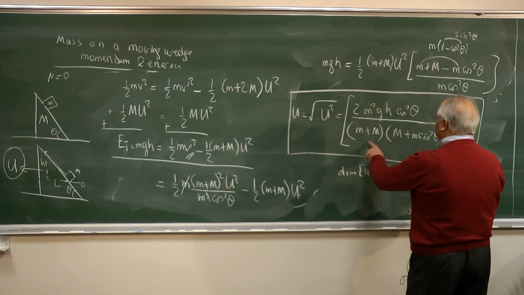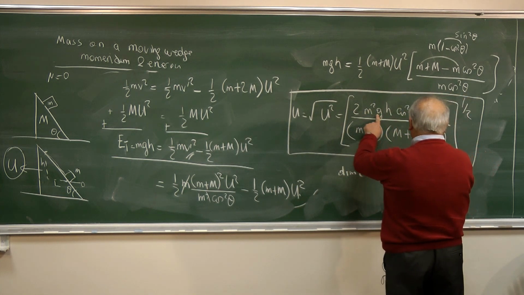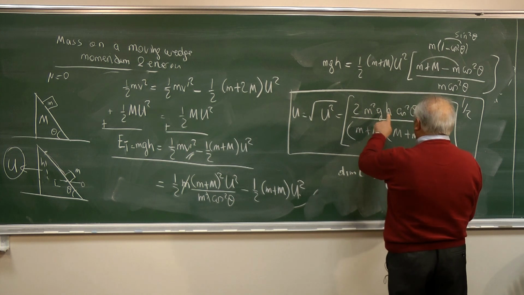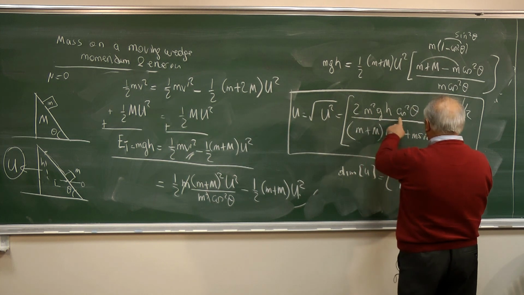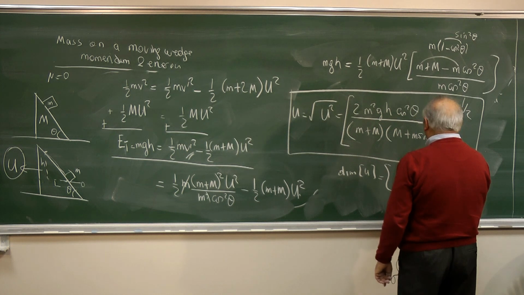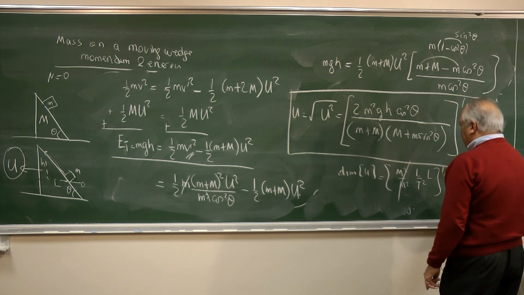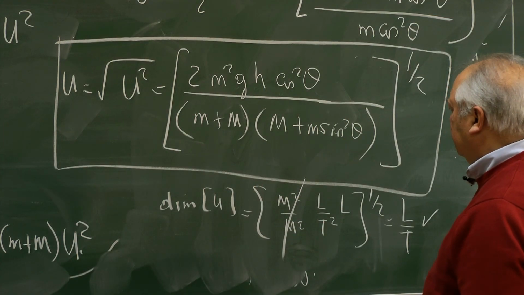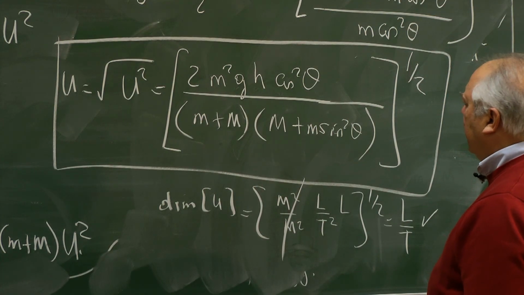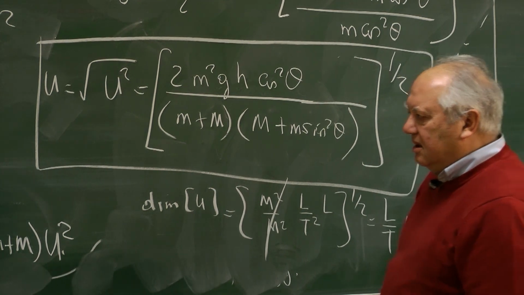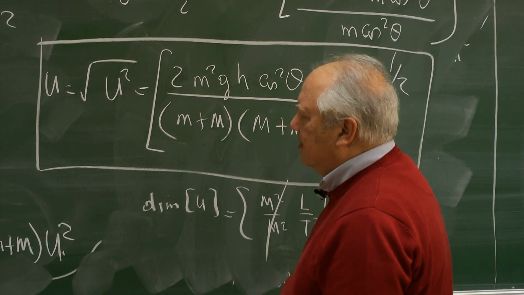I'm writing just the dimension, so masses cancel. G is L over T squared. H is L. Cosine without dimension, 1/2. So I have length over time. Okay, so dimension is velocity.